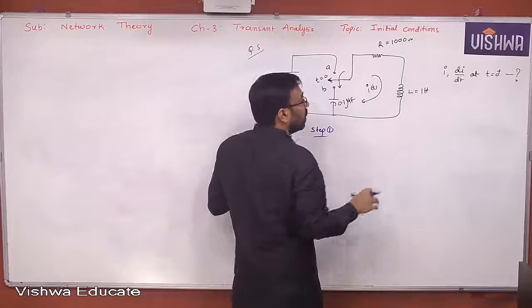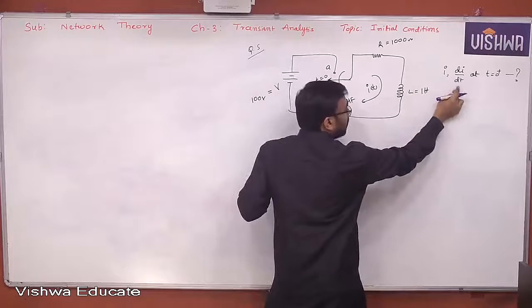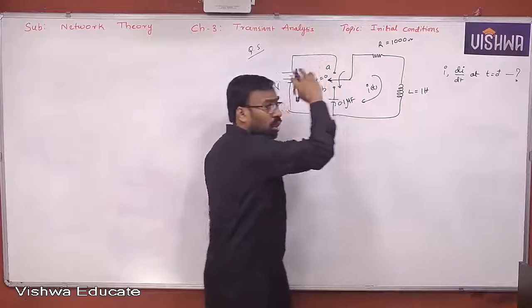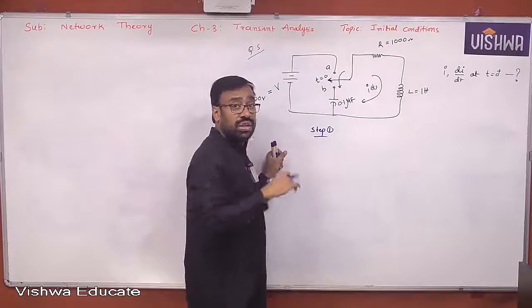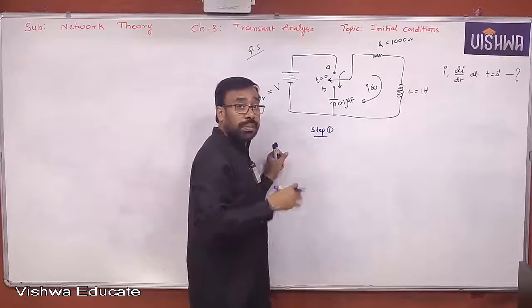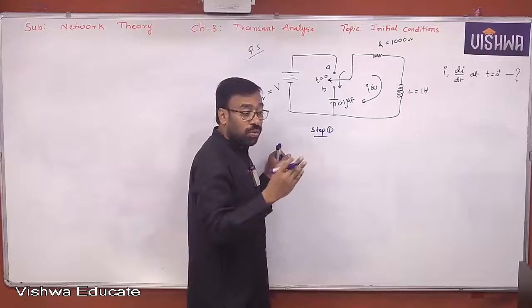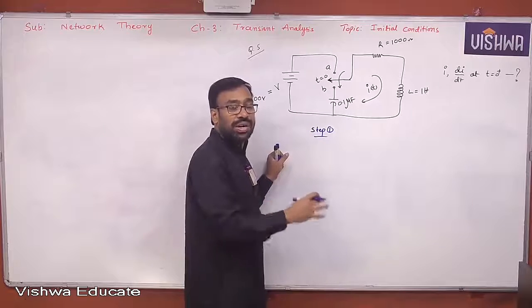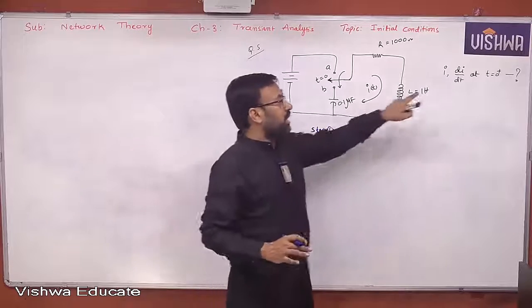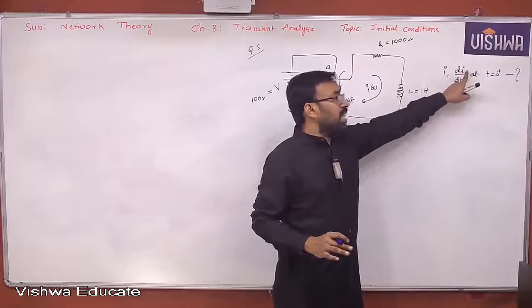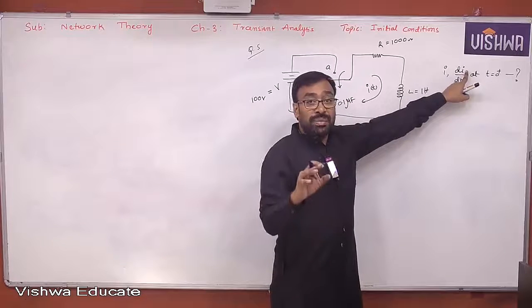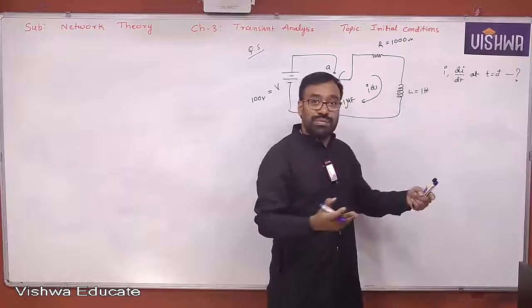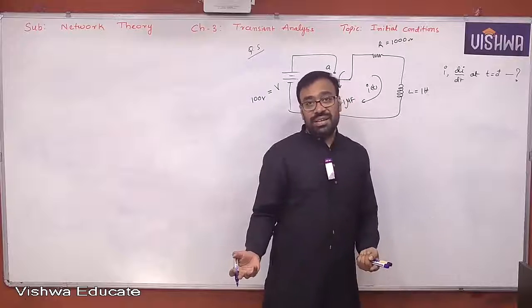But what is the other quantity asked here? Derivative term. According to the old procedure, what we discussed in the initial stage of this chapter, I told you go for what? Step 3. But now, I just discussed that for the first order derivative term, particularly when I is the current through the inductor, you can determine that quantity only from step 2 without going for step 3. Yes or no, all of you?